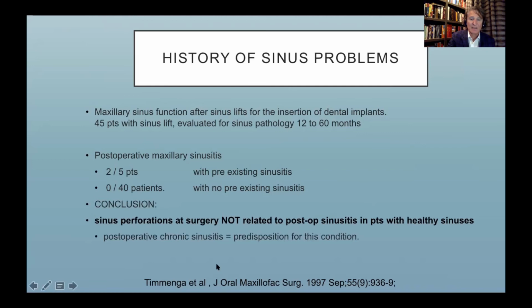And what this study showed is that if they do get a tear, if the healthy sinus was present before, it doesn't tend to be a problem. Now, this is not high numbers. You're only looking at 2 out of 5. So it tells us that if you have somebody with a pre-existing condition and you get a tear, that's likely going to be a problem case for you.